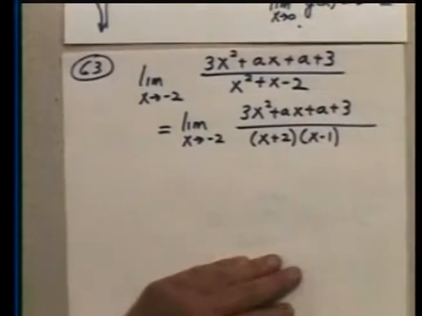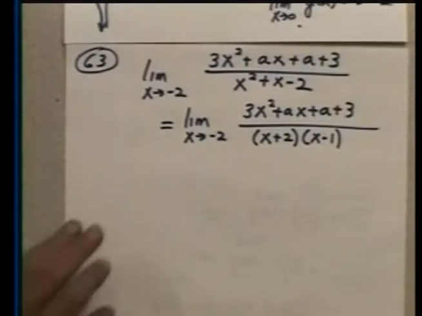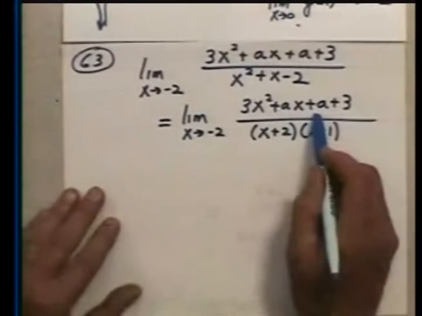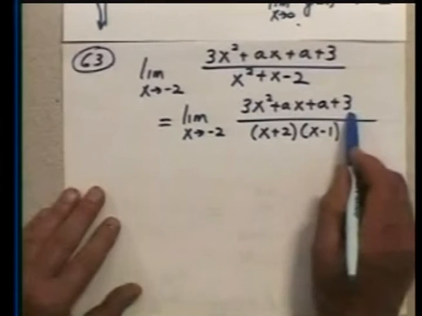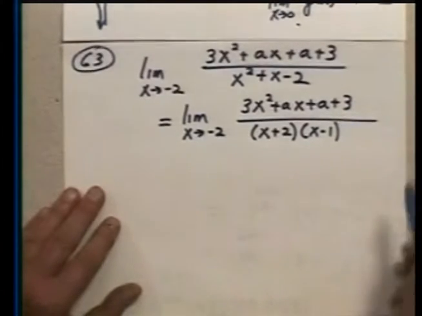So now what does the problem boil down to? If I could just pick an a so that x plus 2 is a factor of the numerator, then I'd get an answer, wouldn't I?